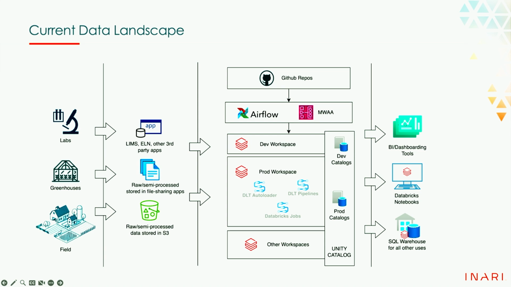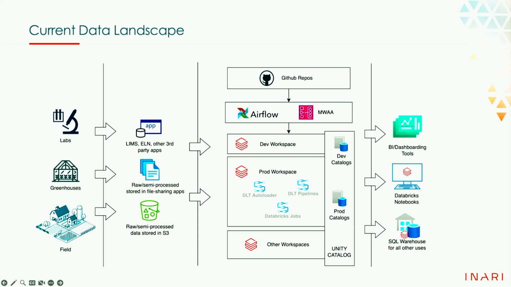All right, thanks, Jonathan. So where does that leave us with our data landscape? I showed a different version of this same image at the beginning. You can look at that third section in the middle that we completely swapped out. It's now GitHub repos that feed into your Airflow tags, go into your DLT pipelines in your dev and prod workspace.